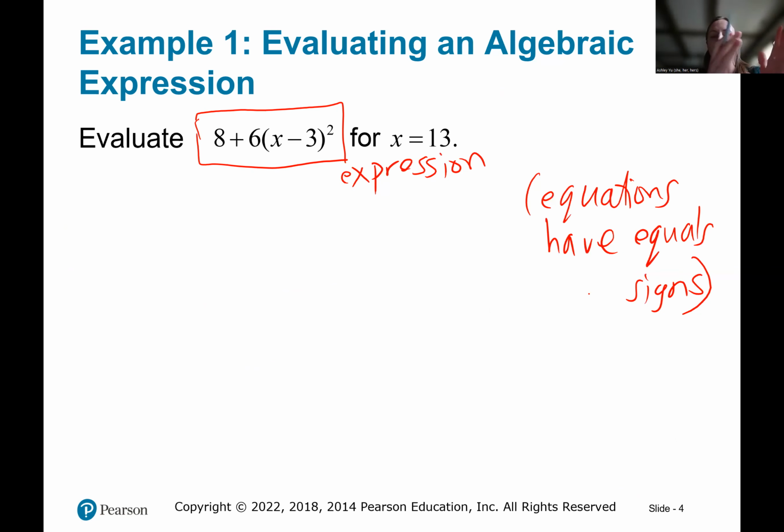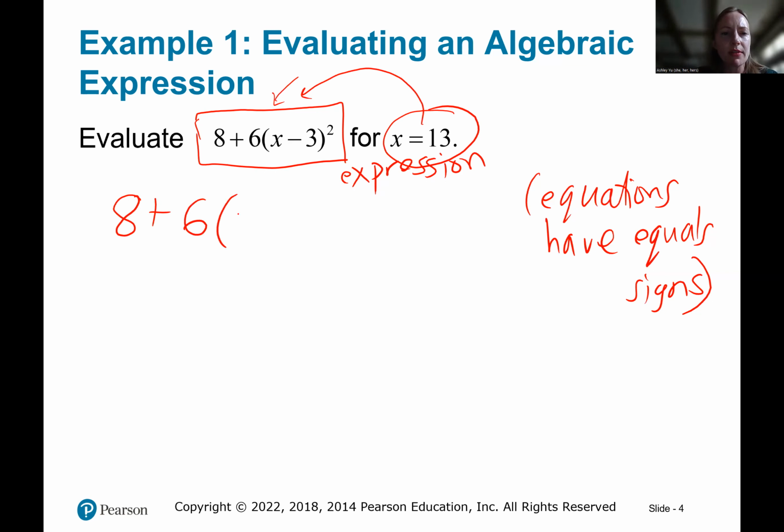But if it was that expression equals something, then all of a sudden it would be an equation. So anyway, they're wanting us to evaluate it. They're saying, what would this expression be equal to if x was 13? So I'm going to rewrite that boxed expression, but replace x with 13. Where that x was, I'm putting 13, but everything else is staying the same. Notice the 8 stays the same, the plus sign, the 6, just the x is changing, the subtraction sign's the same, the 3, and then the power of 2 on the outside.